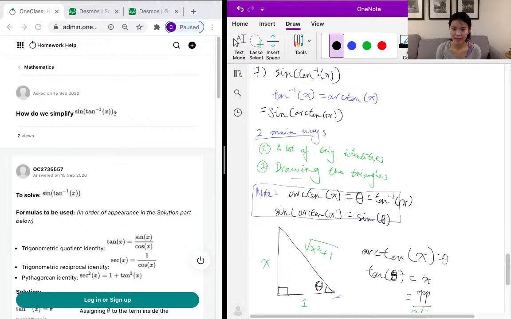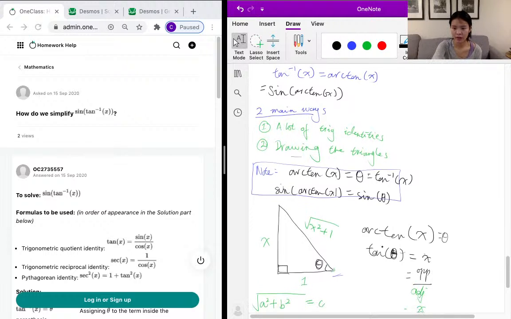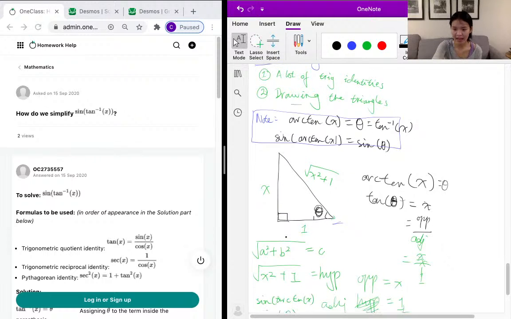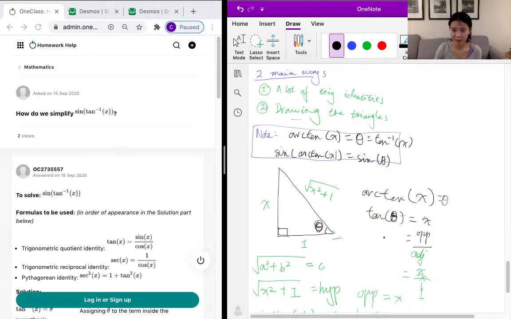We're just trying to find the sine of this angle, which is the arctangent of x. Since the arctangent of x can also be expressed as the tangent of theta, which is x over 1, we can fill in the blanks of the triangle with the x over here and the 1 over here.